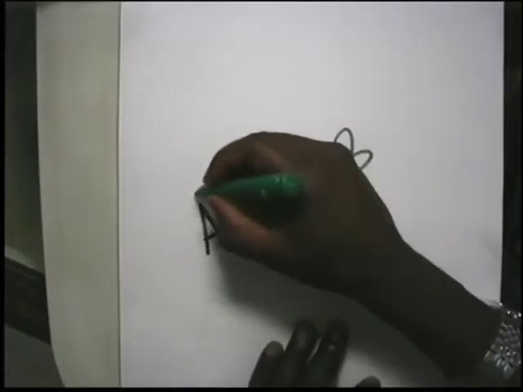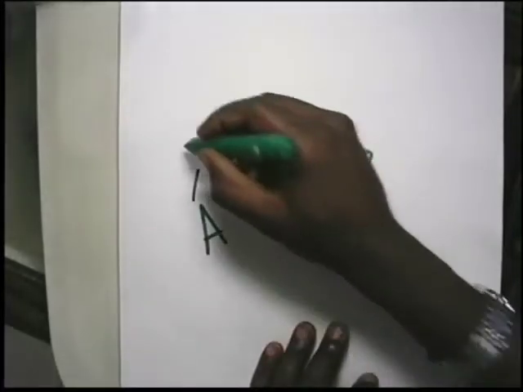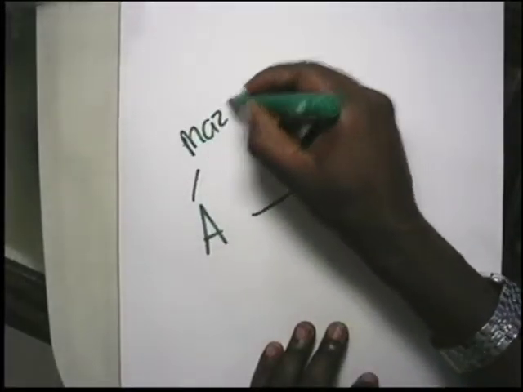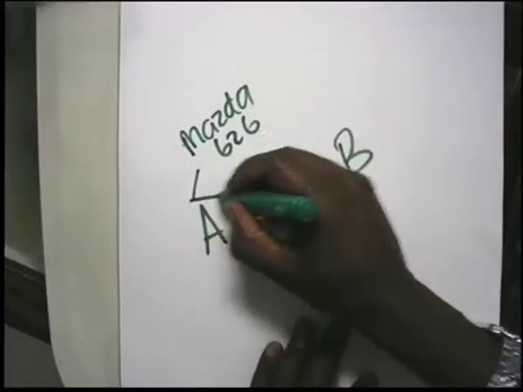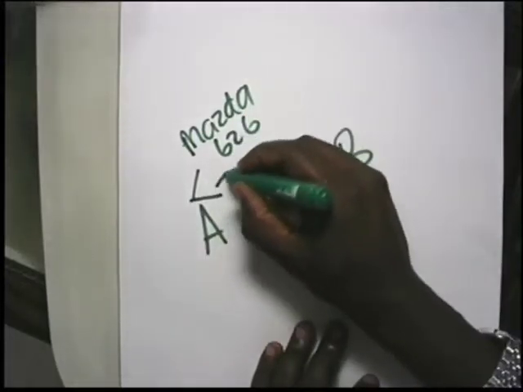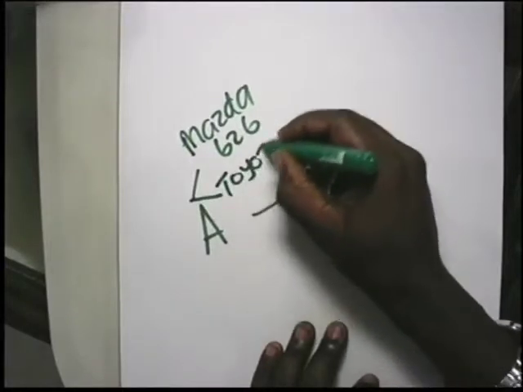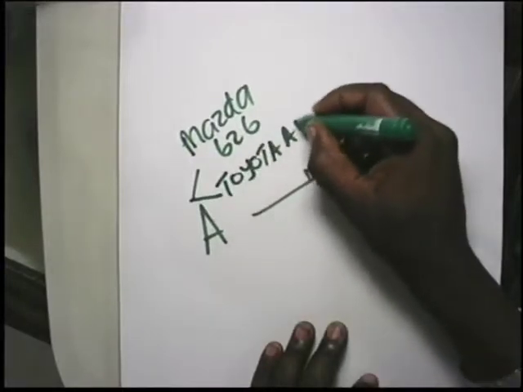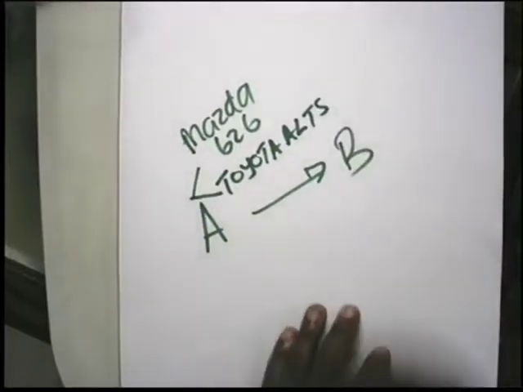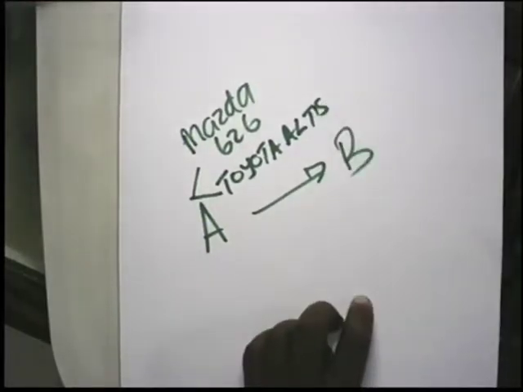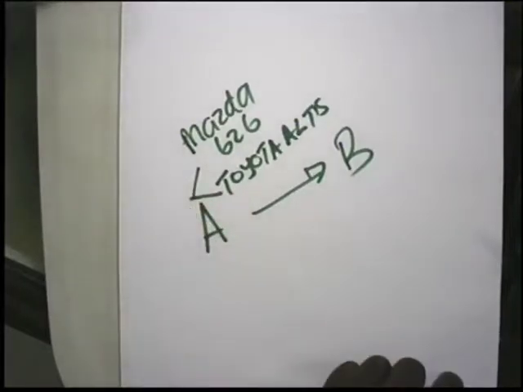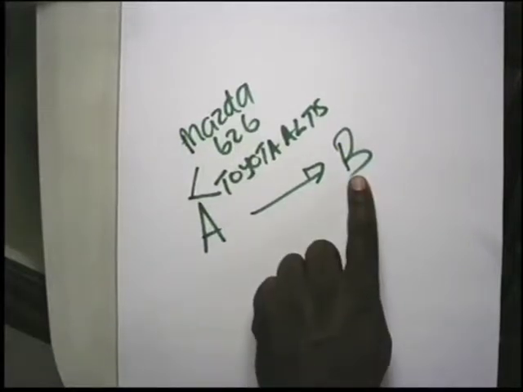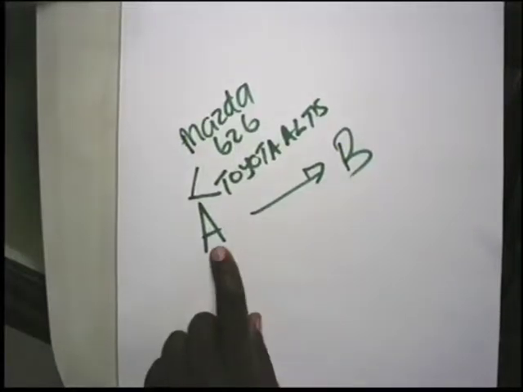Let's say A owns two cars, a Mazda 626, and he also owns a Toyota Auris, right? Both of these cars are blue in color. Now, B is A's friend.